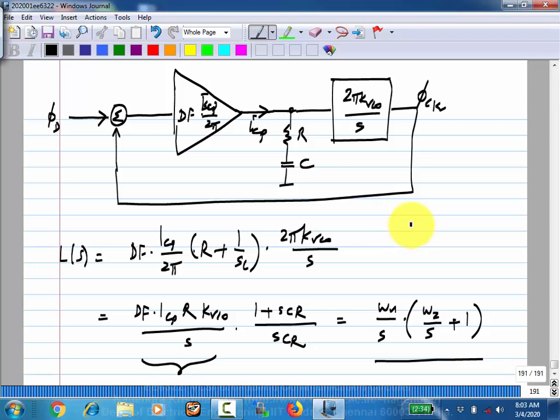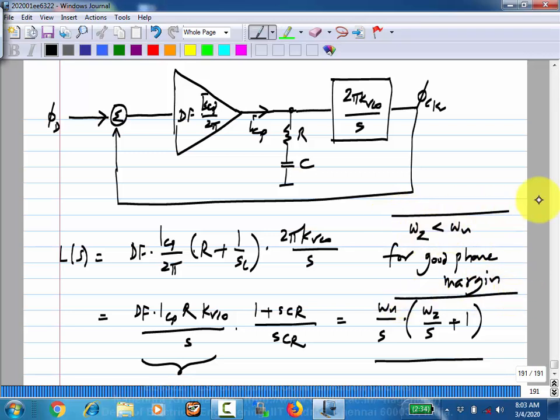Now we want to set omega z to be sufficiently smaller than omega u for good phase margin. In fact, we will see that other performance parameters also force this to be substantially smaller than omega u.